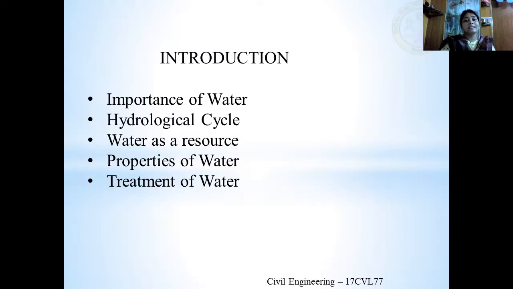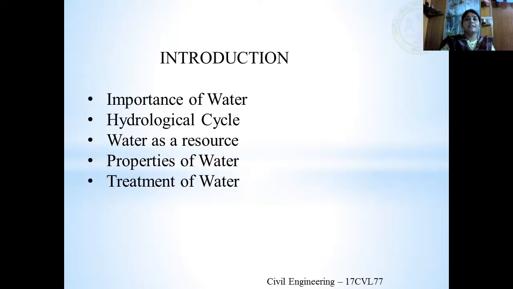So once the necessity is fulfilled, next is the comfort. We need water to feel comfortable, to have a luxurious living. This demand for water is increasing with the increase in population.